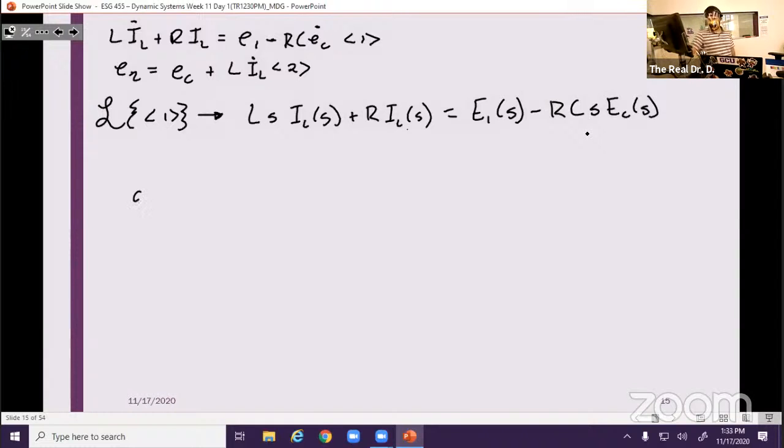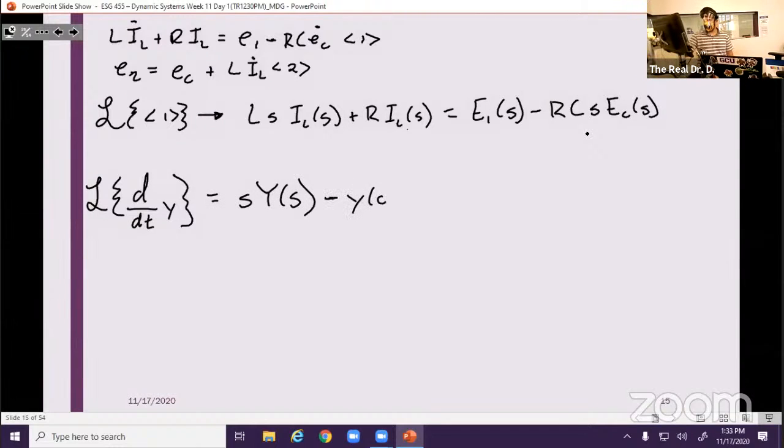Well, in general, remember that if we take the Laplace transform of the first derivative of a function y of t, this results in s times y of s minus the initial condition. That's the first derivative property.